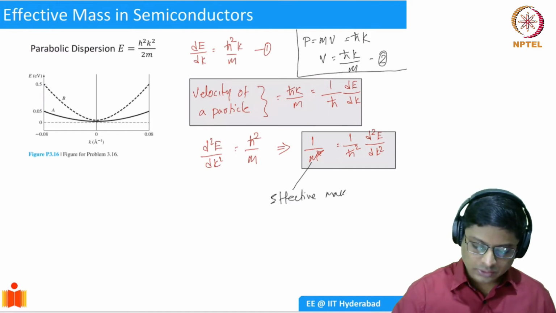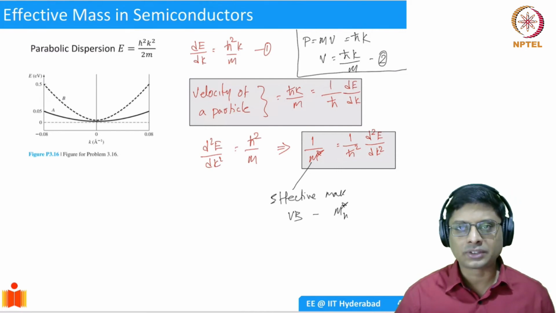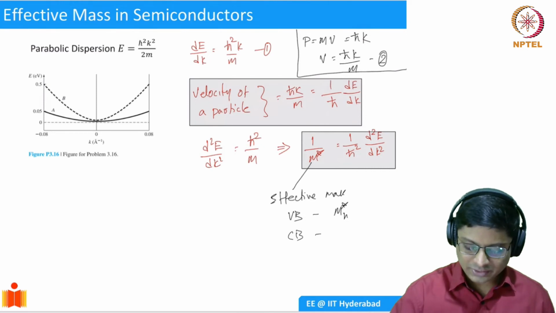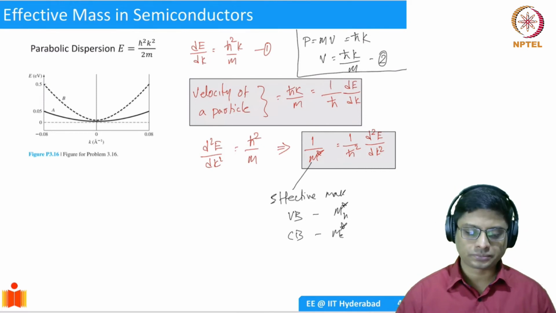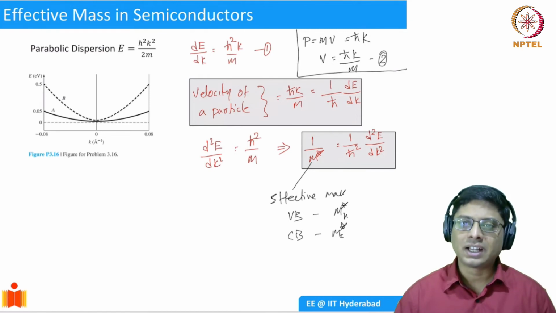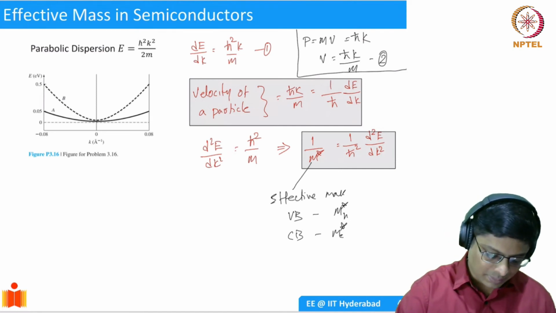If you're talking about the valence band, we'll denote it as mh star, the effective mass of the hole. If you're talking about the conduction band, we'll say it is me star, which is the effective mass of the electron. All right. So this is how we can simply calculate effective masses. Okay. So let me take an example.